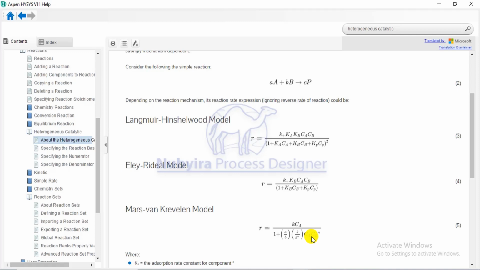Mostly we'll be working with the first one, the Langmuir-Hinshelwood model. It is widely used in modeling a lot of heterogeneous catalytic systems, so we'll be using it as our example in this tutorial. Now let's move over to some examples so that I can explain further.